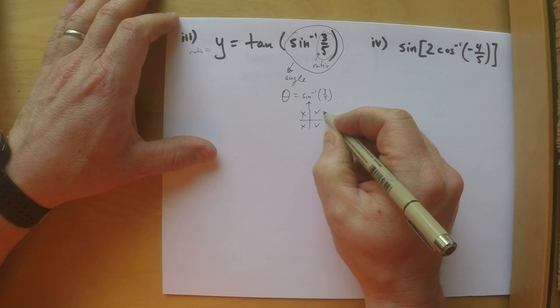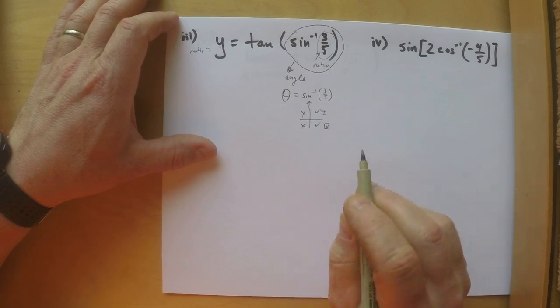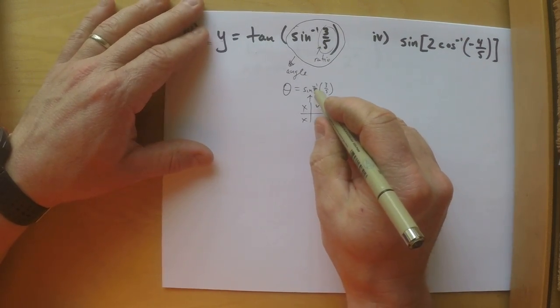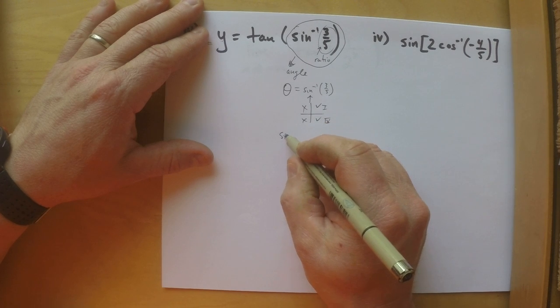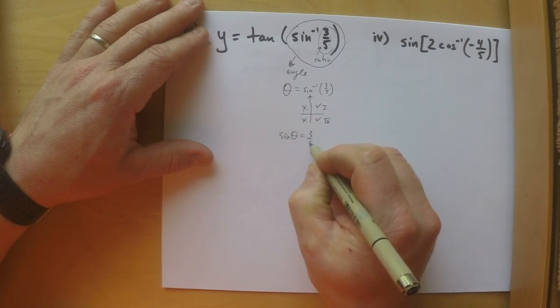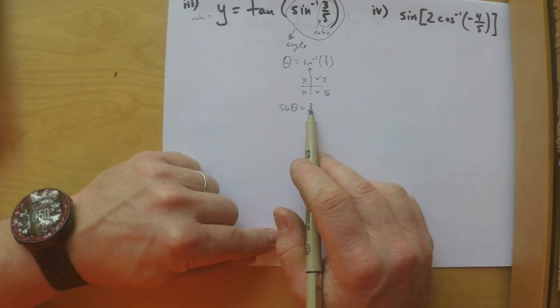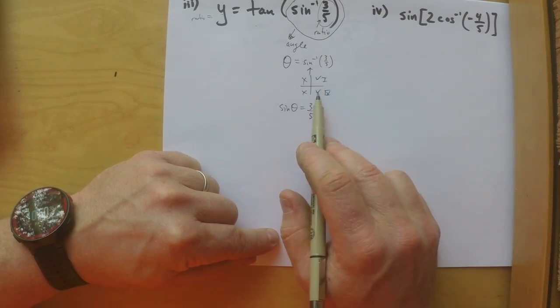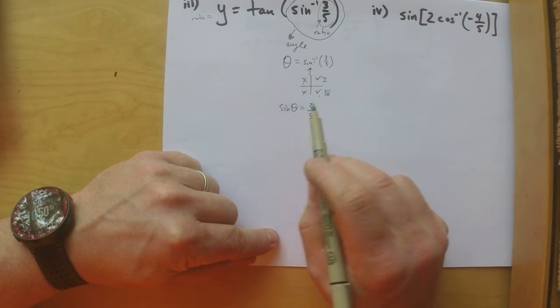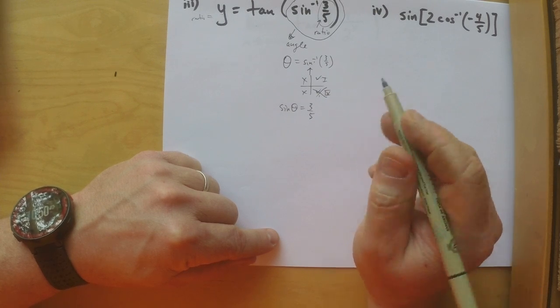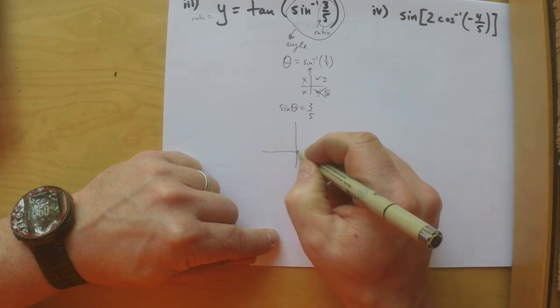So I know it's in quadrant 1 or quadrant 4. I'm going to keep that in my back pocket. I'm going to rewrite this as sine theta equals 3 over 5. Now the fact that I've got a positive ratio means that out of these two quadrants for sine, this one's out. So I must be in quadrant number 1.